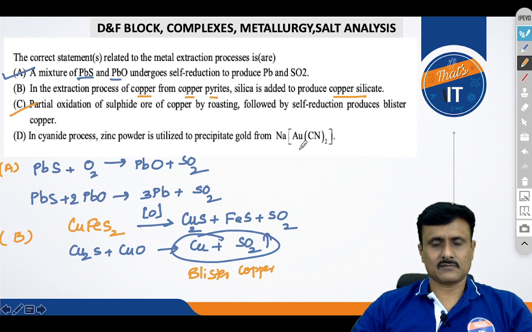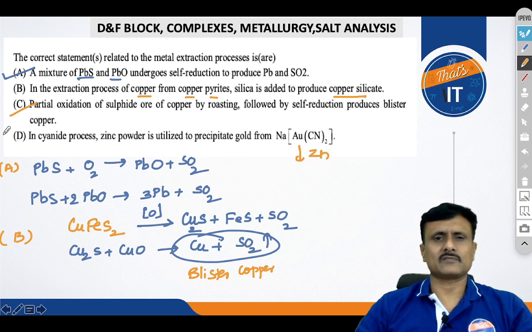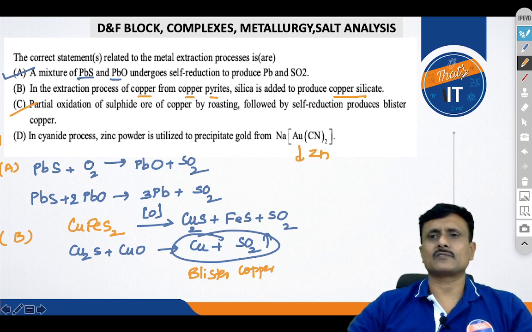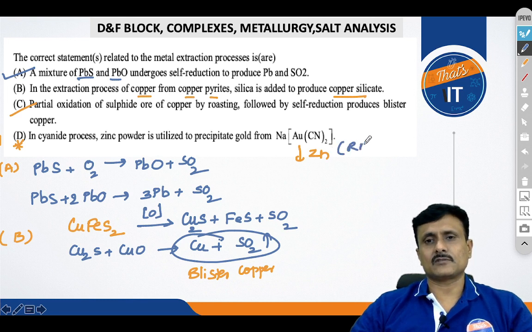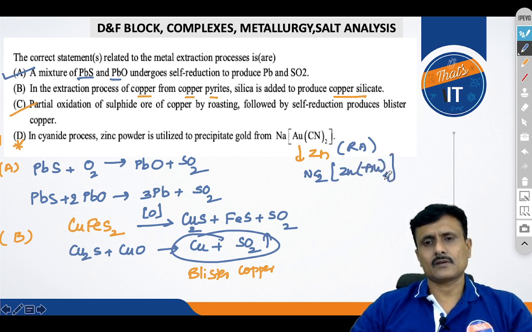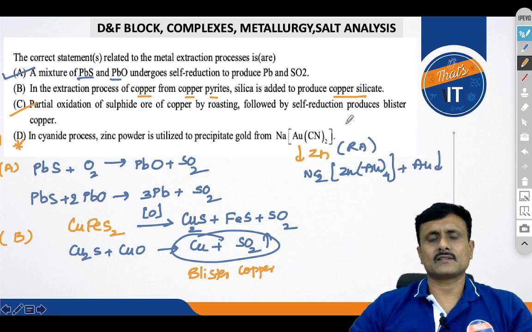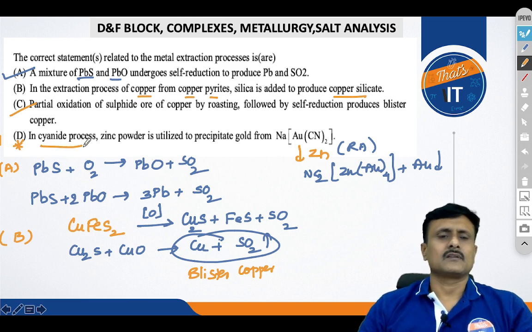You can see that this cyanide process is very frequently asked, right? Zinc powder is used. What will happen when you are using the zinc powder? Zinc is a very good reducing agent. It is going to replace the gold by itself, right? So gold is extracted by the exchange process, or what you call the cyanide process.